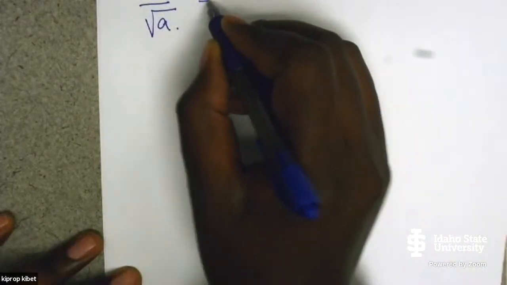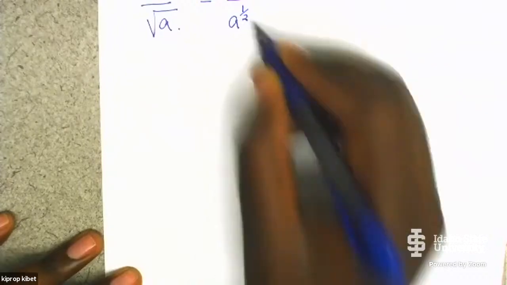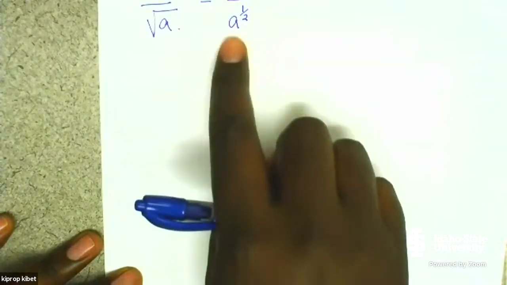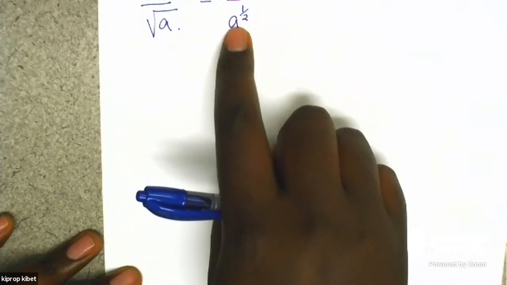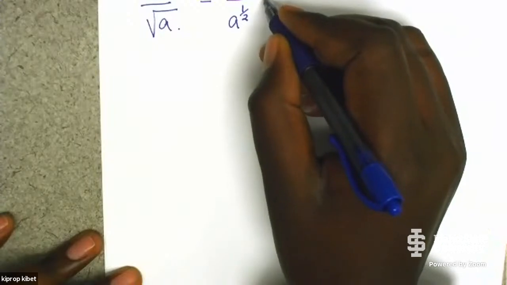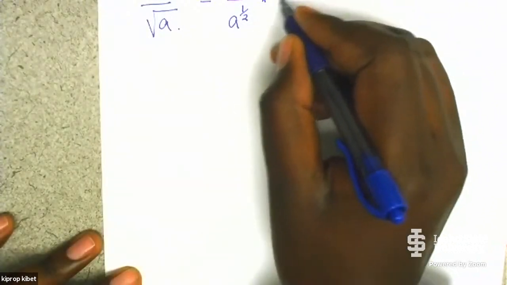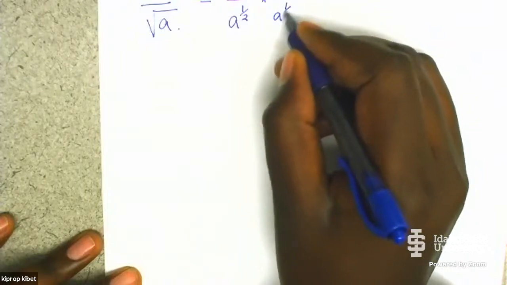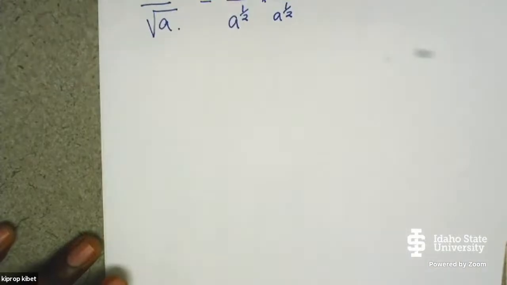Since this is the same as 1 all over a raised to 1 over 2, to make this one a, we multiply both sides by a raised to 1 over 2 all over a raised to 1 over 2. So that is the conjugate.